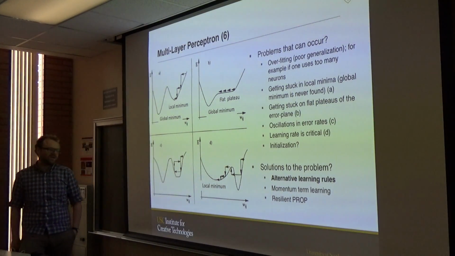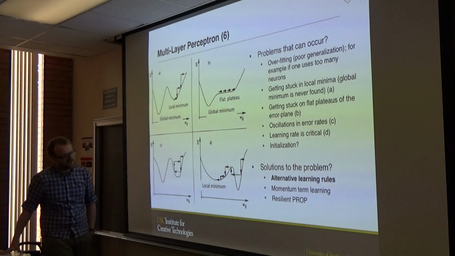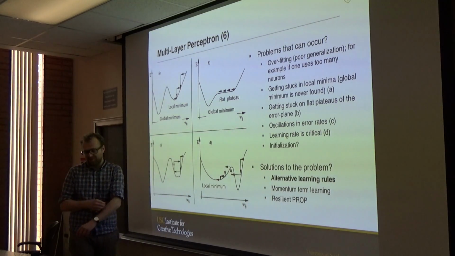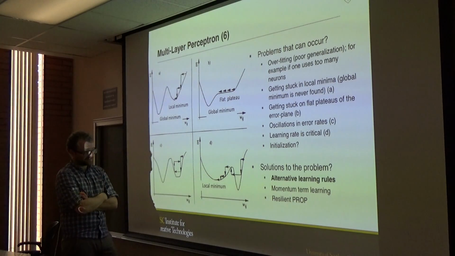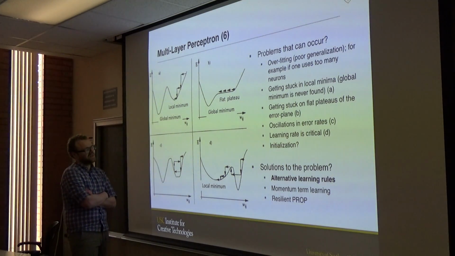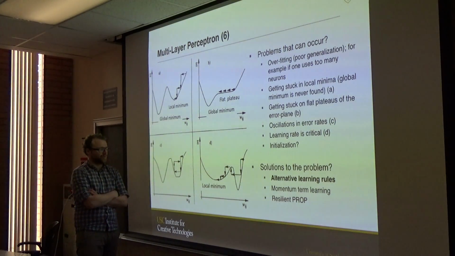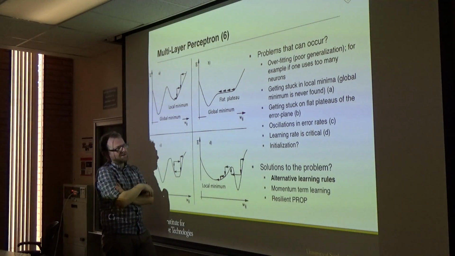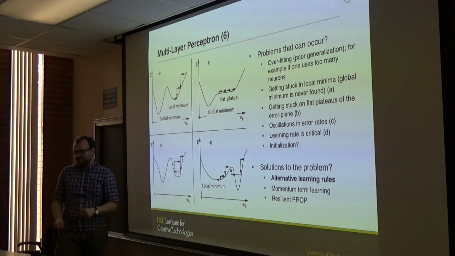Okay, so these are all possible issues. Just so you know, there are many different learning rules or possible alternatives to learning rules that alleviate some of these problems. For example, to alleviate this problem, or even maybe this problem, there is one method that looks at the gradient itself.